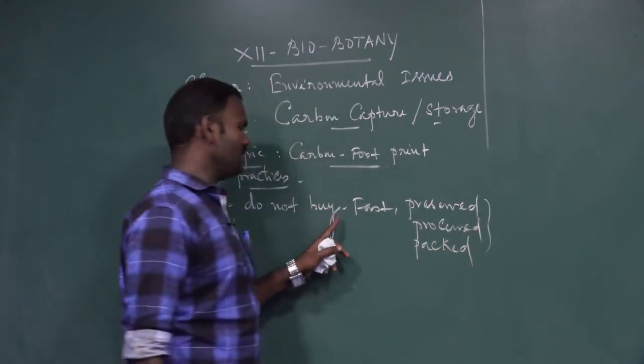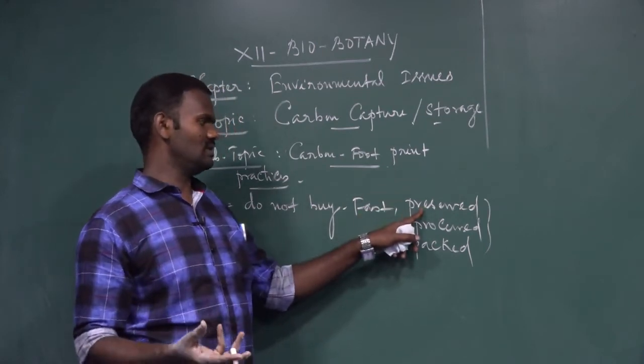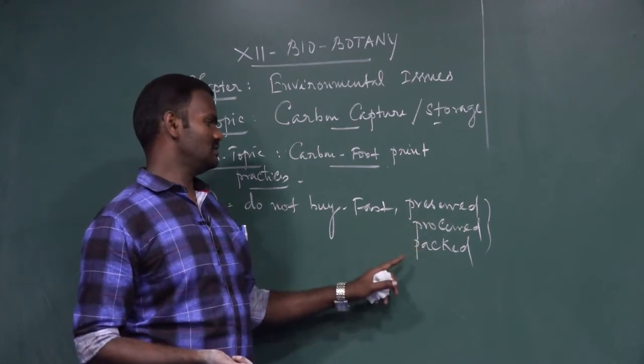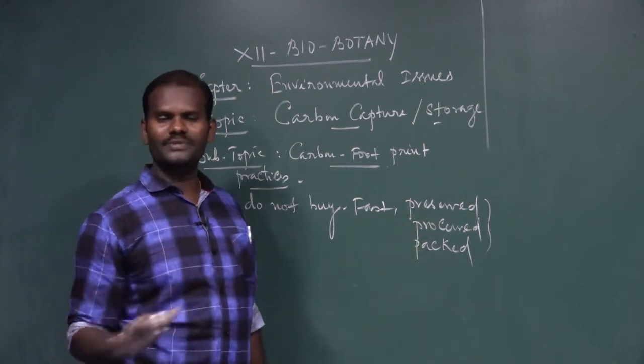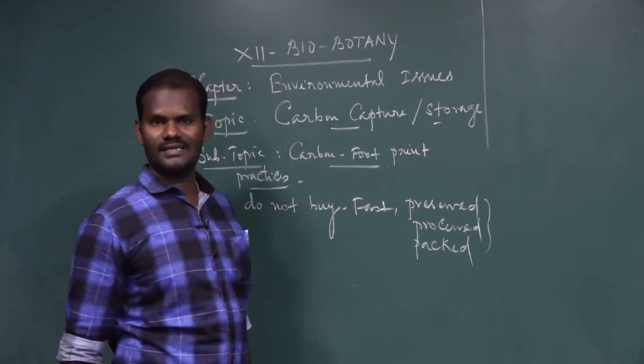You do not buy or use these fried food items; preserved, processed, and packaged food items should be avoided. It is also one of the ways to increase the carbon dioxide levels.